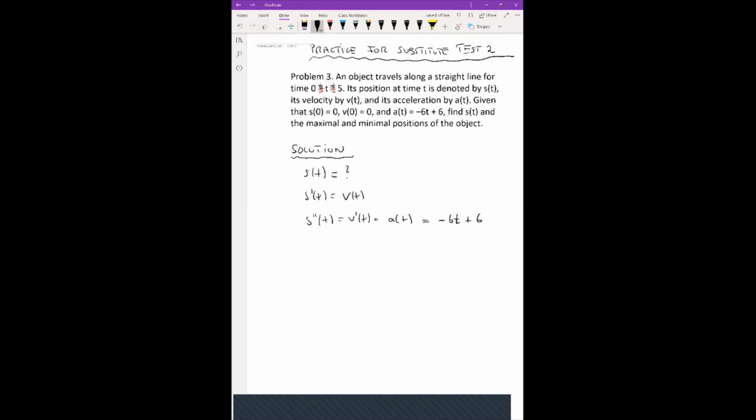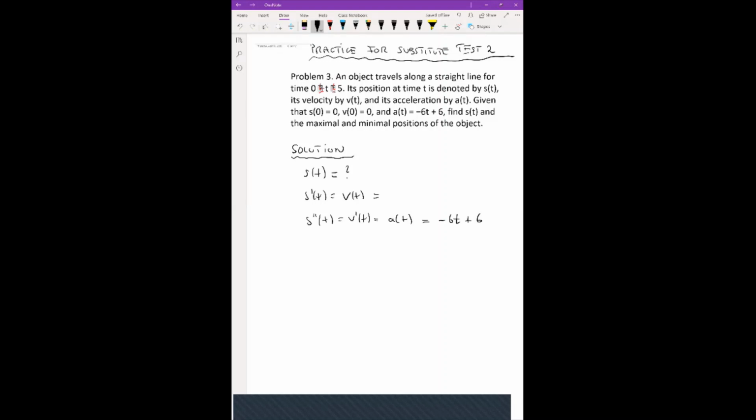And now you have to go backwards. So if you have given the derivative of the velocity, the rate of change of the velocity, which is called acceleration, as minus 6t plus 6, what is then the antiderivative of minus 6t plus 6?